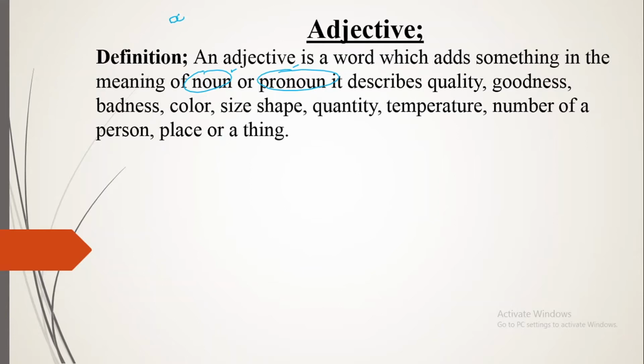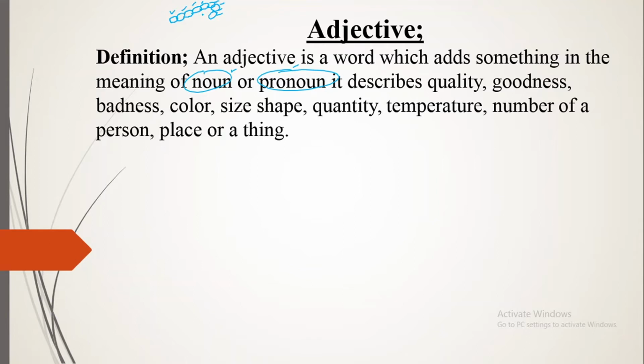If you know noun, you will be able to understand pronoun. If you know noun and pronoun, you will be able to understand adjective. And if you understand noun, pronoun, adjective, you will understand verb, and in the same way adverb, conjunction, interjection, and preposition. So it is like a chain. If you know from the beginning, you will understand them one by one. So today we will be discussing adjective.